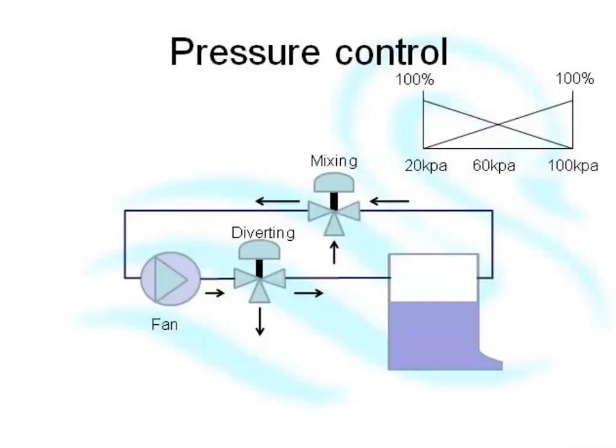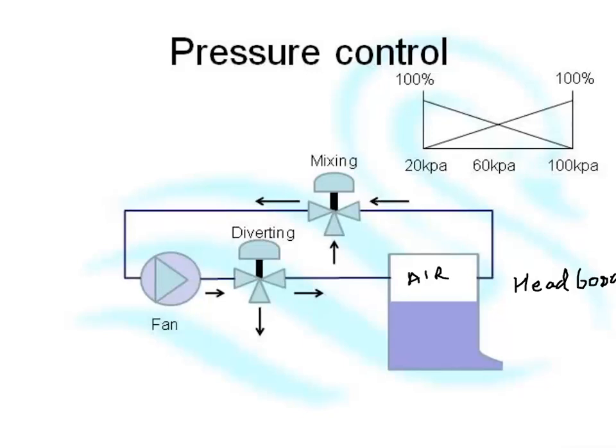Here's a situation where we're using it in pairs. What we're doing is we're controlling the pressure in the top of a paper machine head box. This is a head box. So we're controlling what's called the air pad pressure in the top of a paper machine head box.